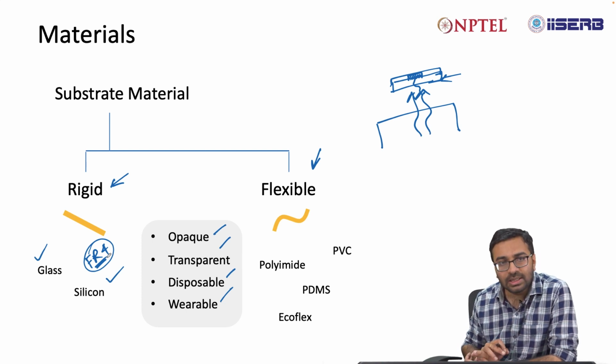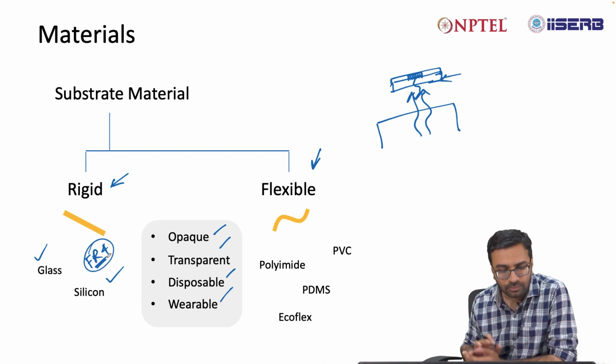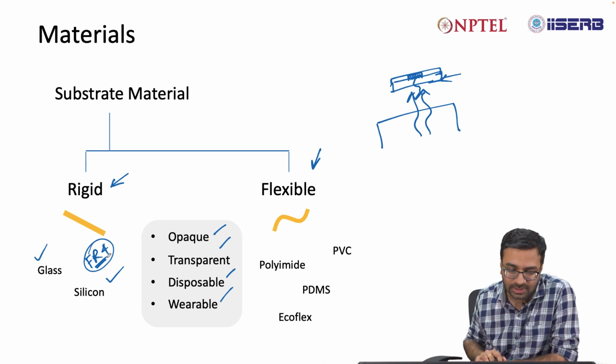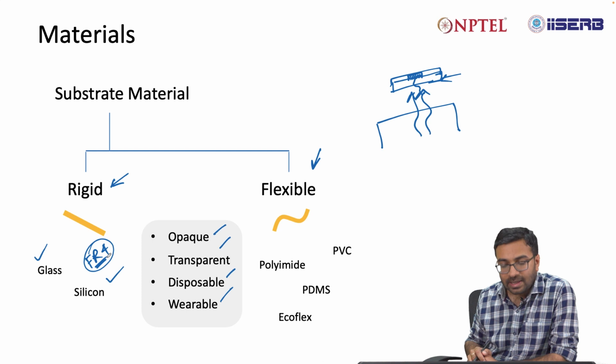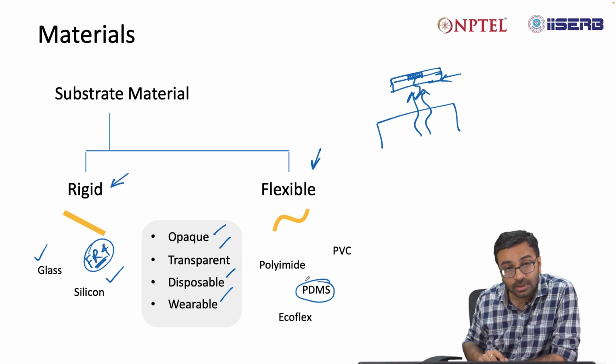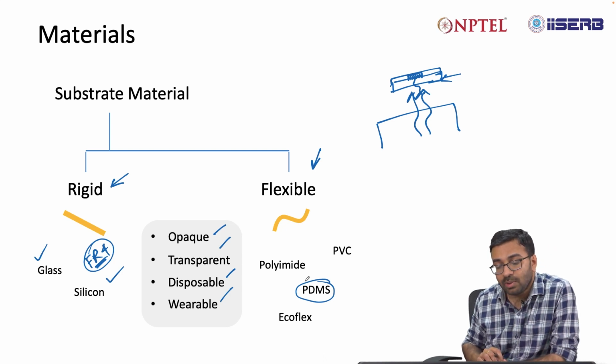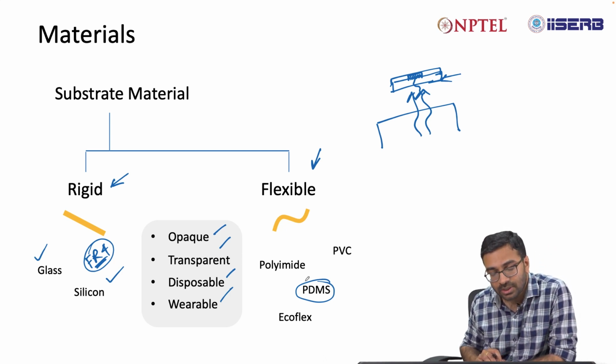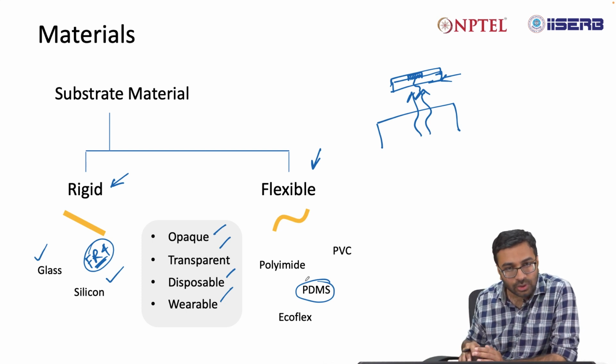So glass and silicon are two substrates that are used for sensor fabrication as far as the rigid aspect is concerned. Now, in flexible, you will find different polymers are used. PDMS is a polymer which is transparent and is widely used in different sensor fabrication. I am not going into details of these polymers.